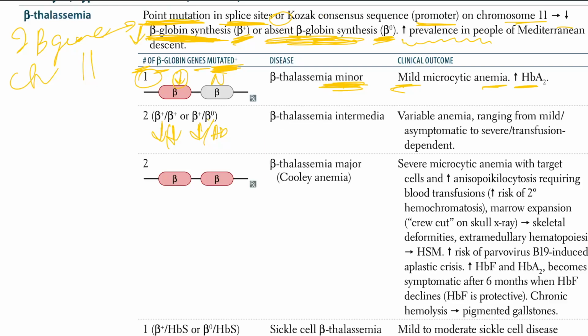So here you have decreased beta synthesis, or decreased on one gene and the other gene is just absent. That's now called intermedia, right? So you're going from decrease to decrease in both of them, and then you're just going to absent in both of them.